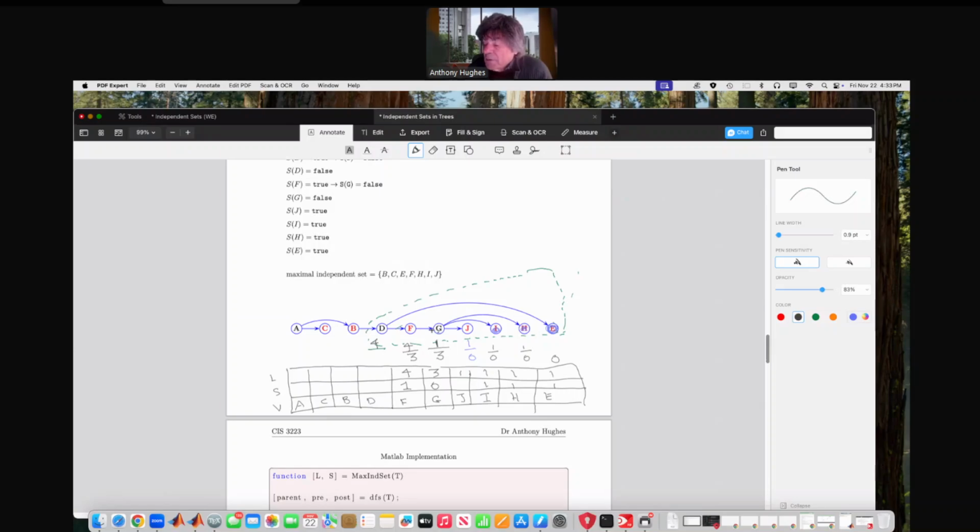If I exclude D, I get F, all right? And F is also 4. So we got a tie. Do we exclude? So if we include, we get 4 as a subtree. If we exclude, we get 4 as a subtree.